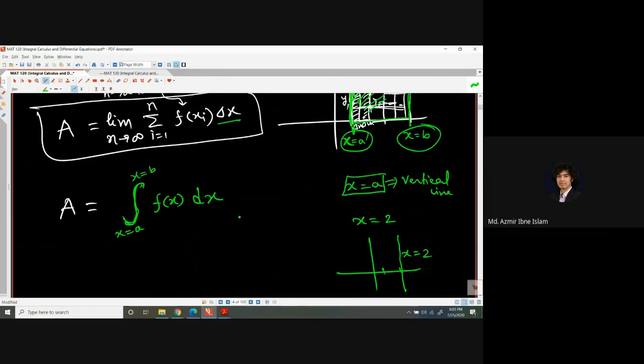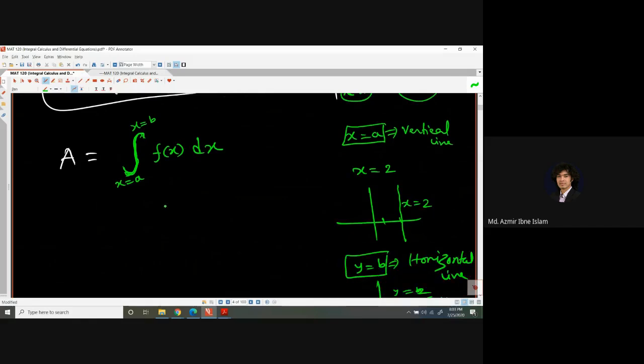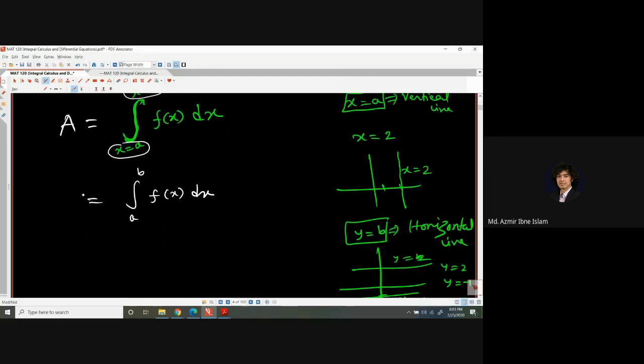You can see this is called the integral sign, or let me write it another way. Here we can write this as integration from a to b of f of x dx. Here I have mentioned x equal to a and x equal to b clearly, but we can also write it this way.